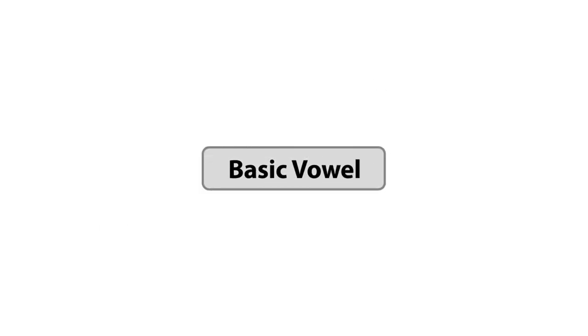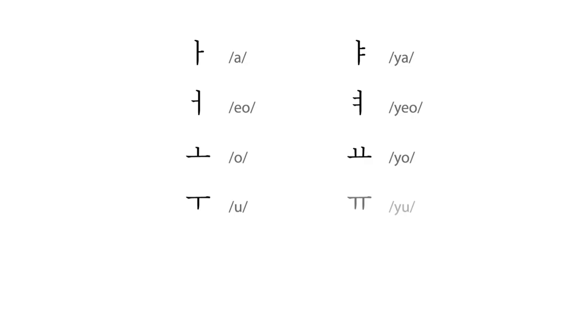Vowels. These are the basic vowels in Korean language. 아, 야, 어, 여, 오, 요, 우, 유, 으, 이. We also have double vowels.